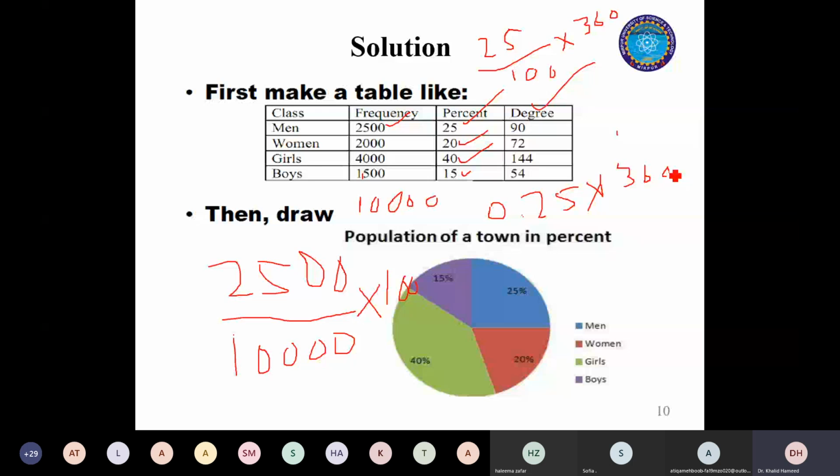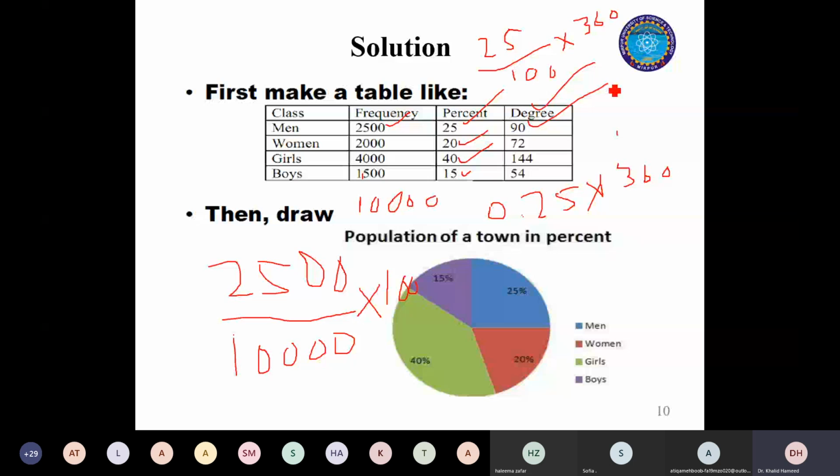You can just use a calculator. 0.25 multiplied by 360 will be equal to 90 degrees. So using an instrument, a protractor, you just need to include the 90 degrees for one category.